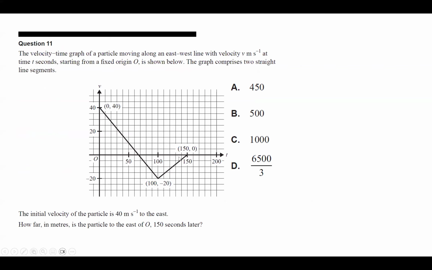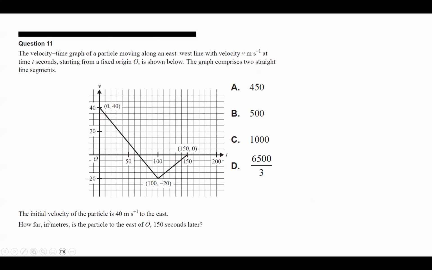Question 11 is an interesting kinematics question with some calculus. You have the velocity-time graph of a particle moving along an east-west line with velocity v meters per second at time t seconds, starting from the fixed origin, and the diagram is shown below. The graph comprises two straight line segments. This is very important.